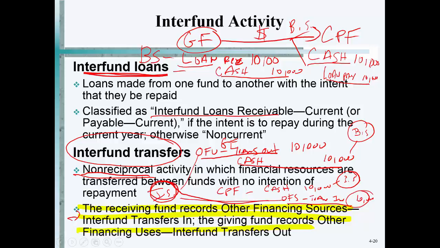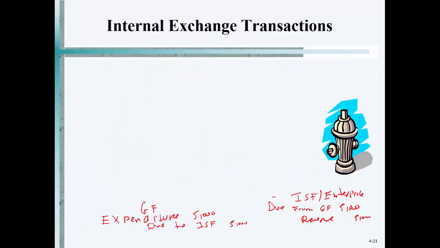We talked about that last time, right? General fund transfers the money out, debit other financing uses, transfer out, credit cash. Is this money going to be paid back? This money is not going to be paid back. So we're reporting that in our other financing sources and uses section.